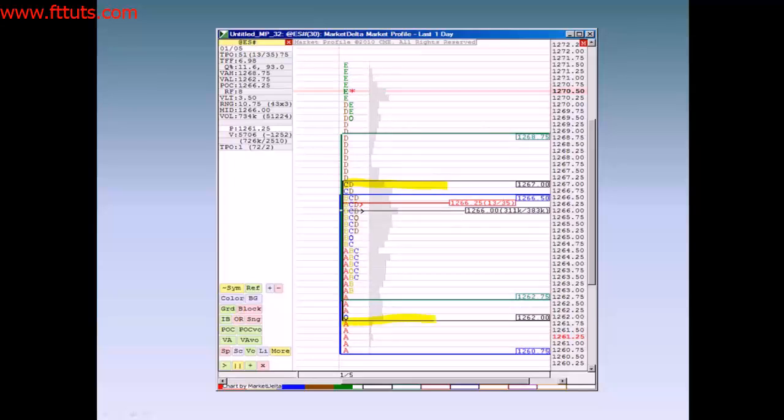It's these two black lines. This is the value for volume. And then look here between the green lines. This is price, value area. The red line is the price point of control, and the black line here is the volume point of control.